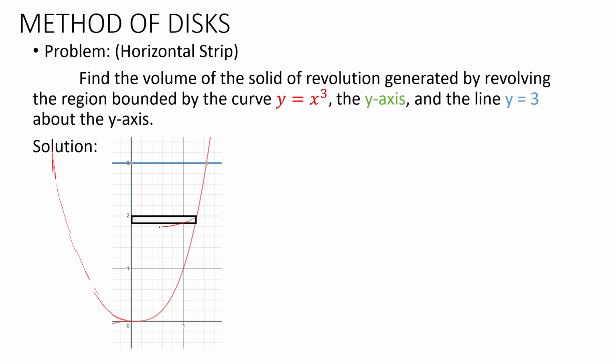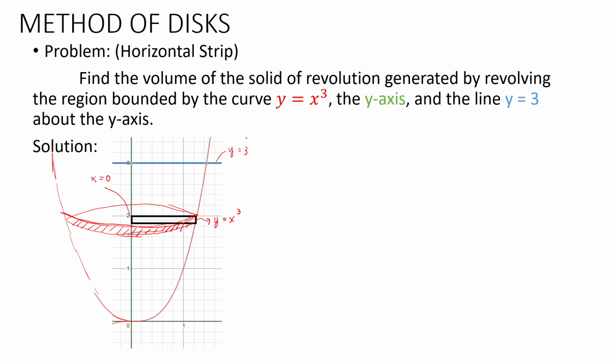This will create a horizontal disk. So x right is the curve y equals x cubed, and this is the y-axis, or x equals 0, and this one is y equals 3.